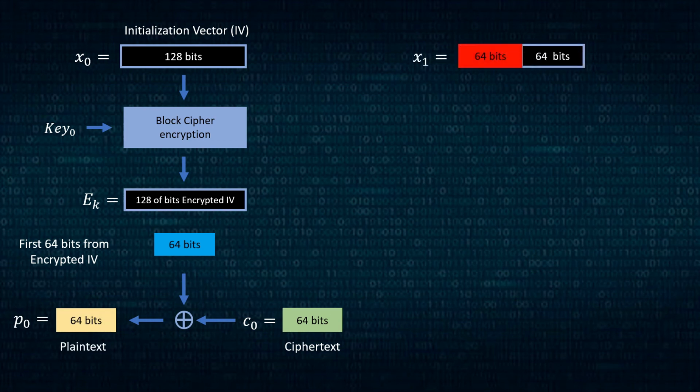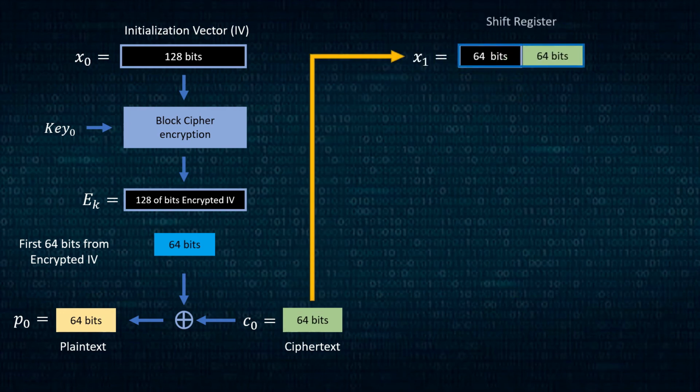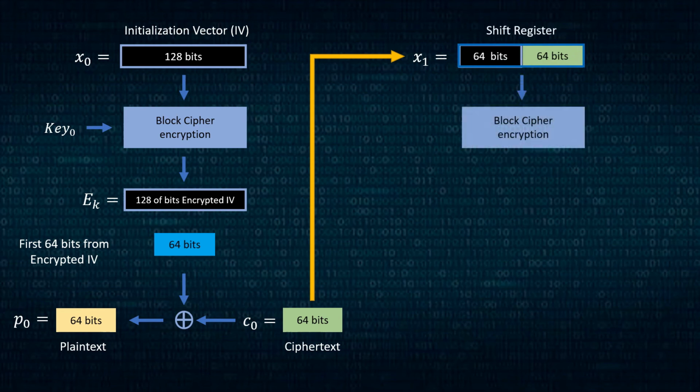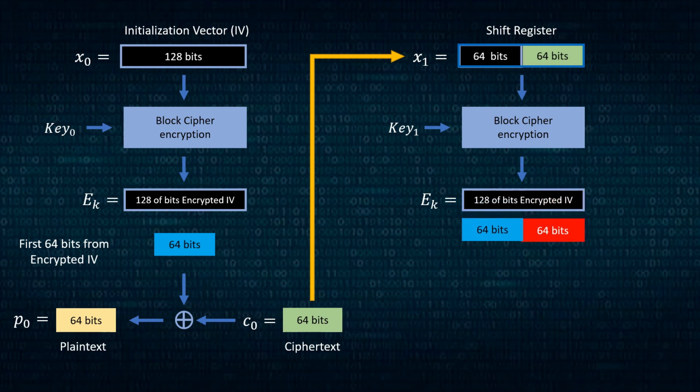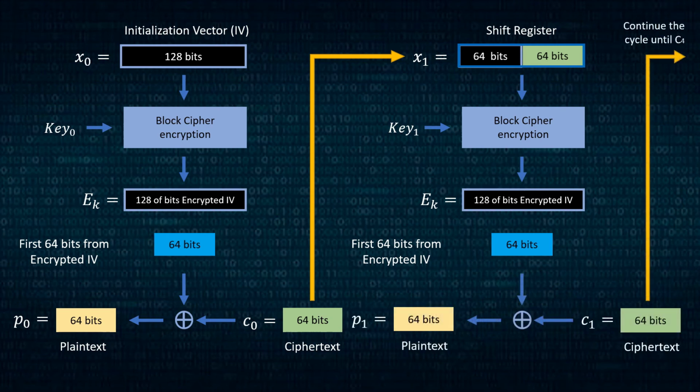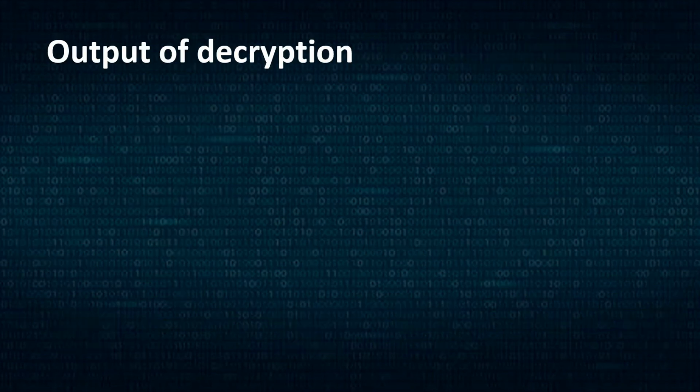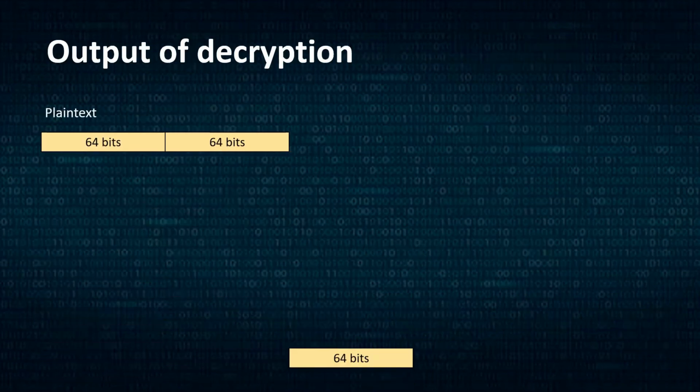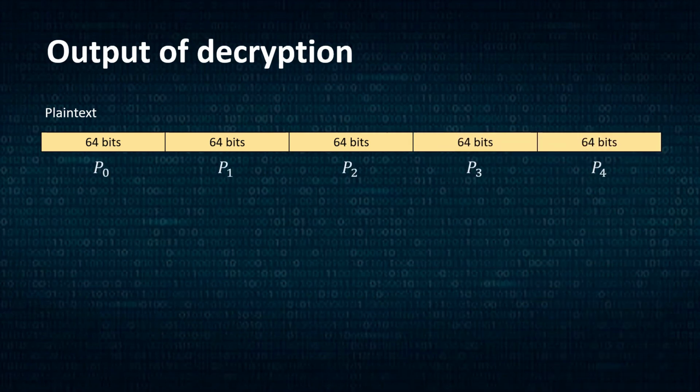Discard the first 64 bits of the previous IV and concatenate with the ciphertext C0. The rest are performed with the same process. The cycle continues until all blocks of ciphertext are decrypted. Same as encryption, we concatenate all the plaintext blocks to get the final plaintext.